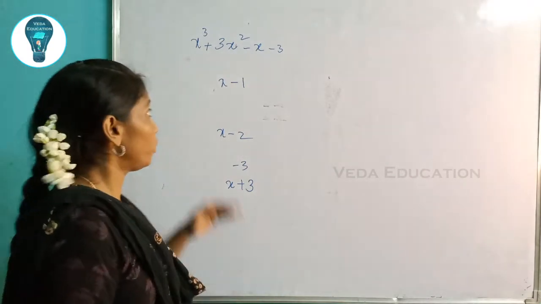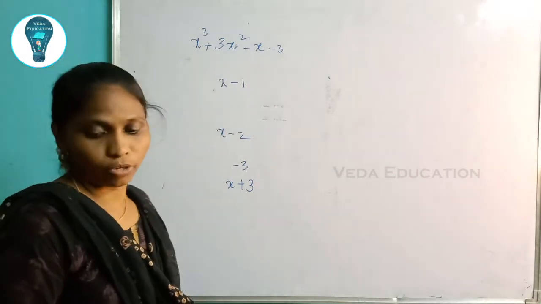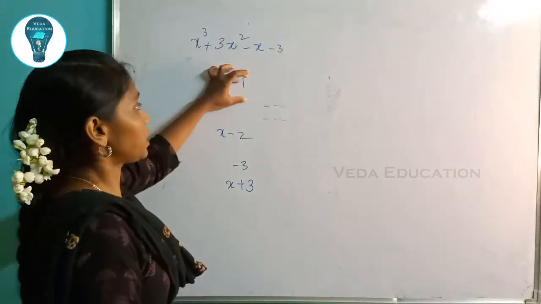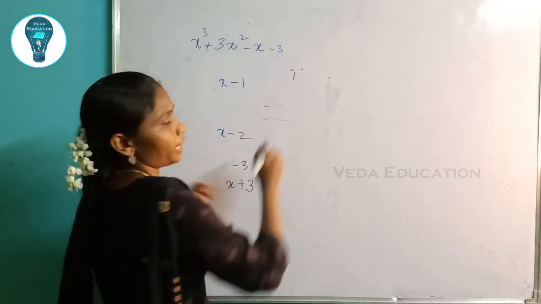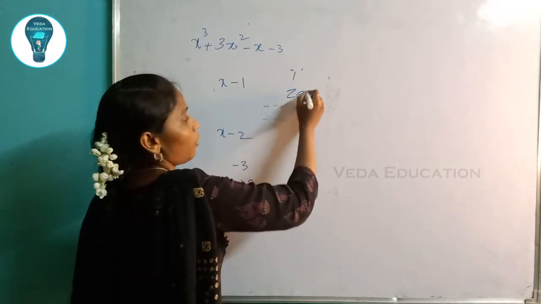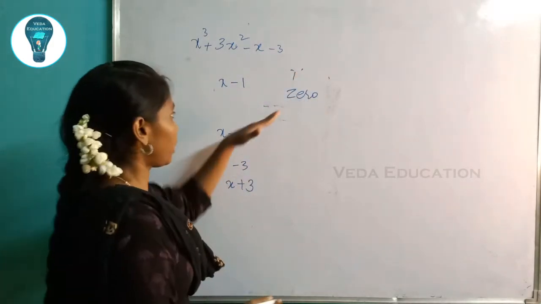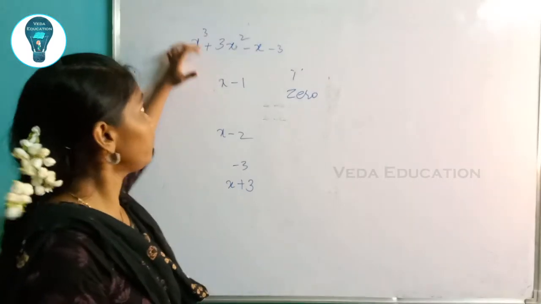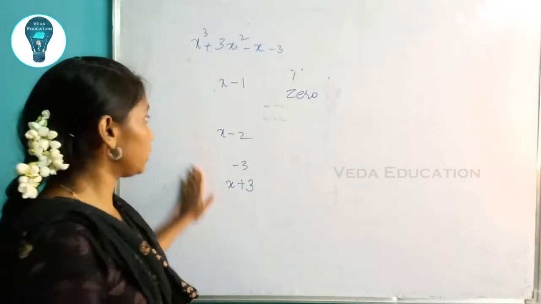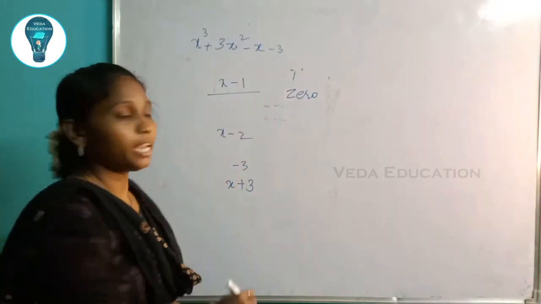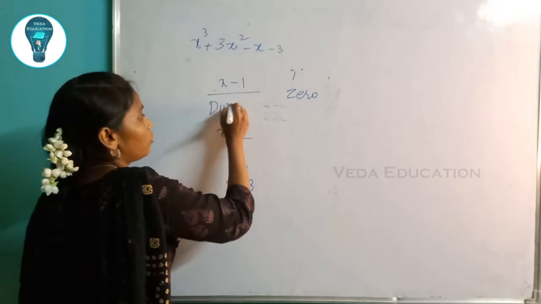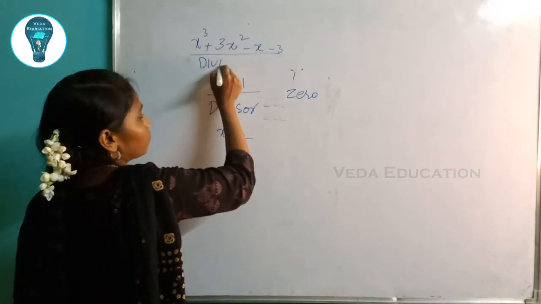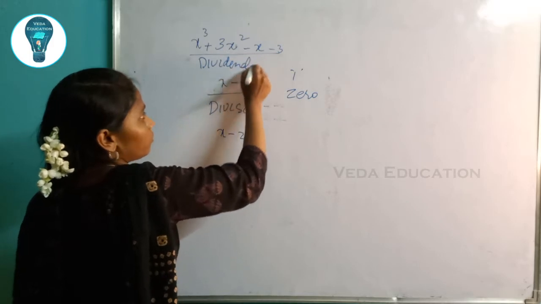Now how to divide? Here the cubic polynomial is given to us, and 1 is the zero of the polynomial. When you convert into a linear polynomial, it becomes x minus 1. By using x minus 1, we are going to do the division. So x minus 1 is the divisor and this is the dividend.